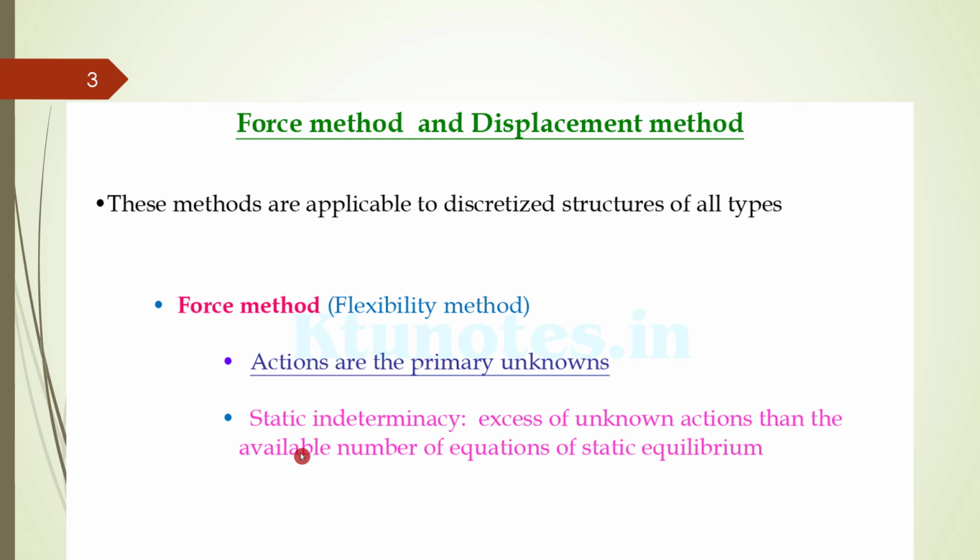So these are the loads which are acting on the structure. And the static indeterminacy, we already know the definition. It is the excess of the unknown actions over the available number of equations of static equilibrium.